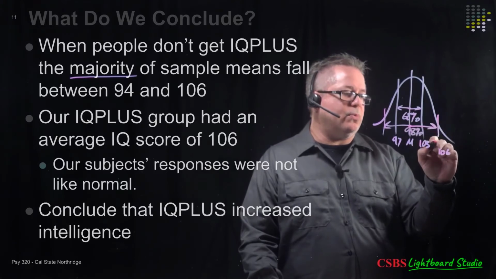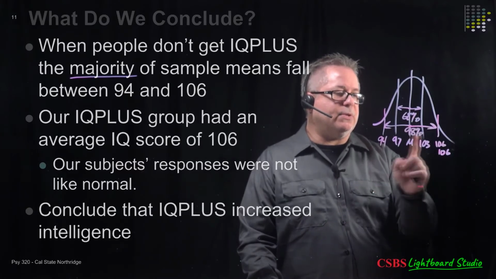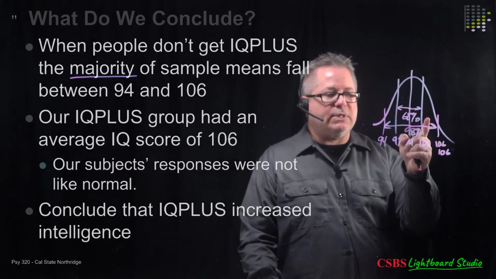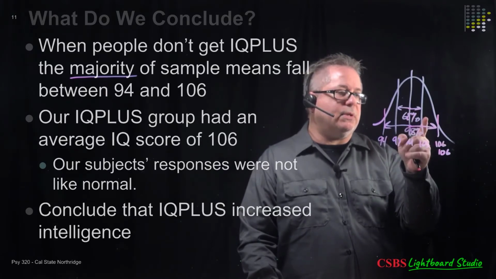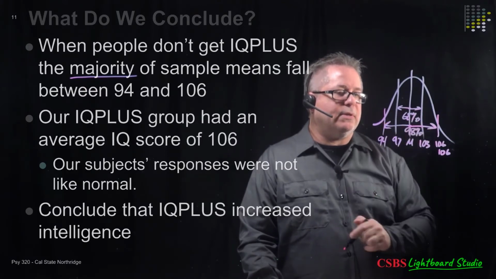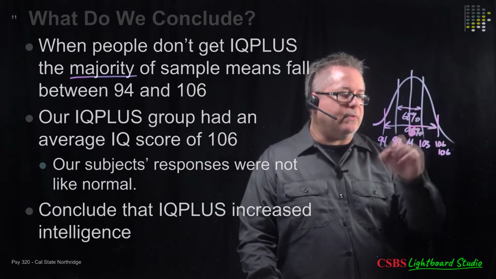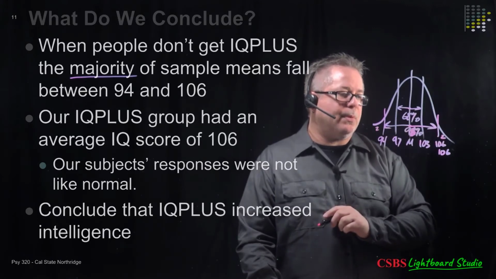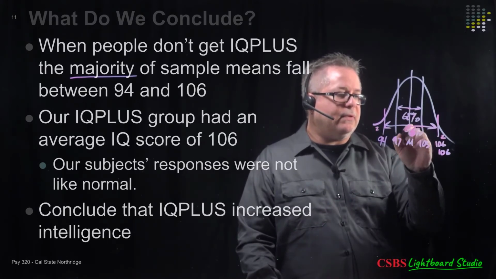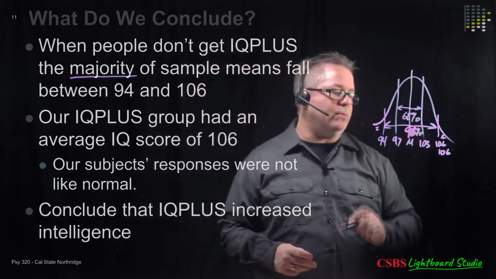Because if we go to 106 on this side and 94 on this side, that's the 2 standard deviations, so that's 34 and 14 on one side. 34 and 14 is 48. 48 and 48 is, oh wait, sorry, it's not 98, it's 96. Sorry, 96%. And we've got the 2% there and 2% there. So we know that 96% of the distribution falls between 94 and 106.